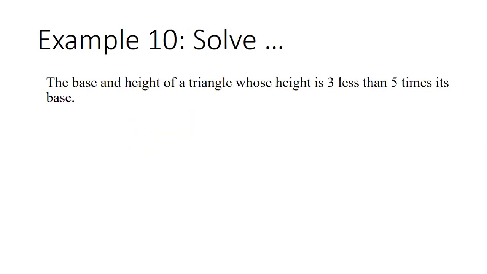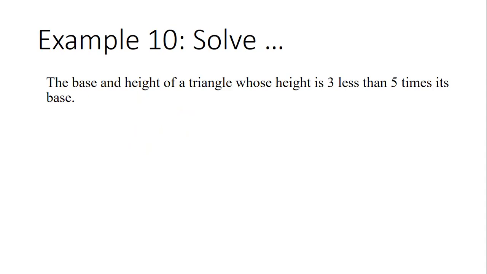All right, let's write another one. Here we go. It says the base and height of a triangle whose height is 3 less than 5 times its base. Ooh, that's pretty wordy. I'll repeat. The base and height of a triangle whose height is 3 less than 5 times its base.